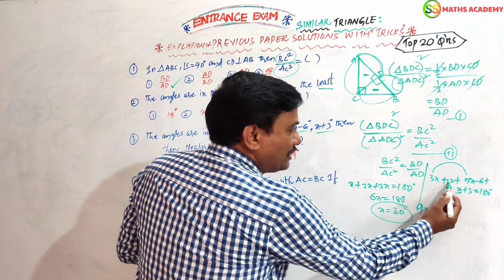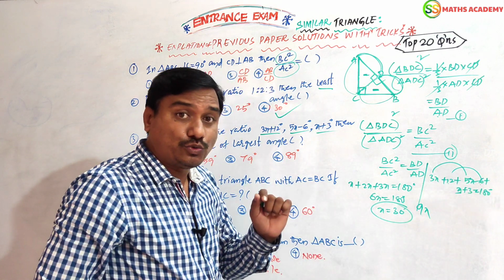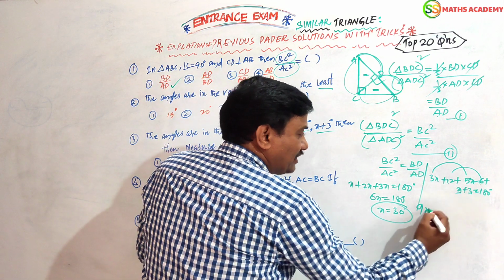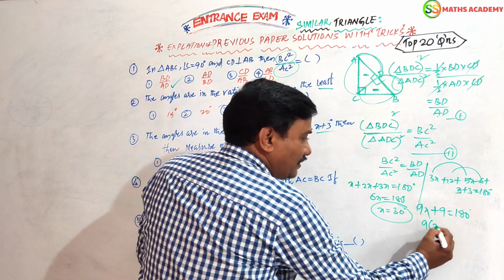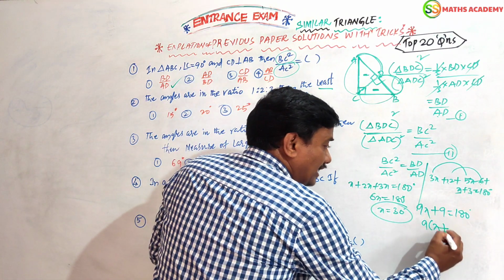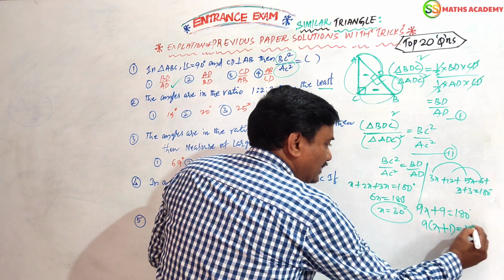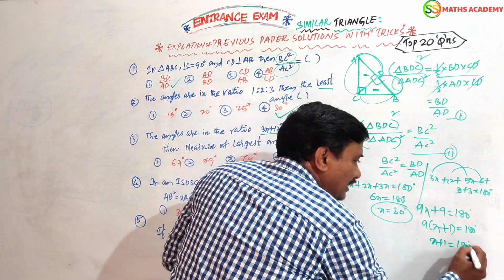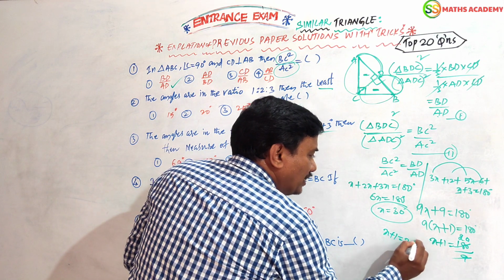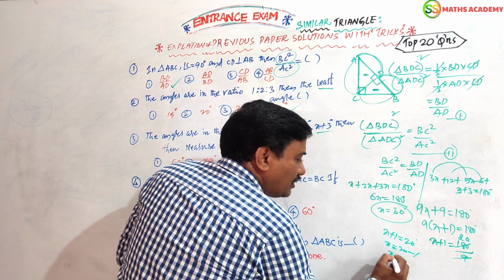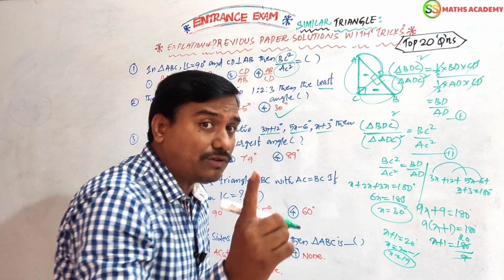Write down: plus 12 minus 6 is 6, 6 plus 3 is 9, equals 180. Yes, your idea is correct. 9 common, you are getting 9 times x plus 1 in a bracket. Now x plus 1 equals 180 by 9, which is 20. So x equals 20 minus 1, dear friends. X equals 19.